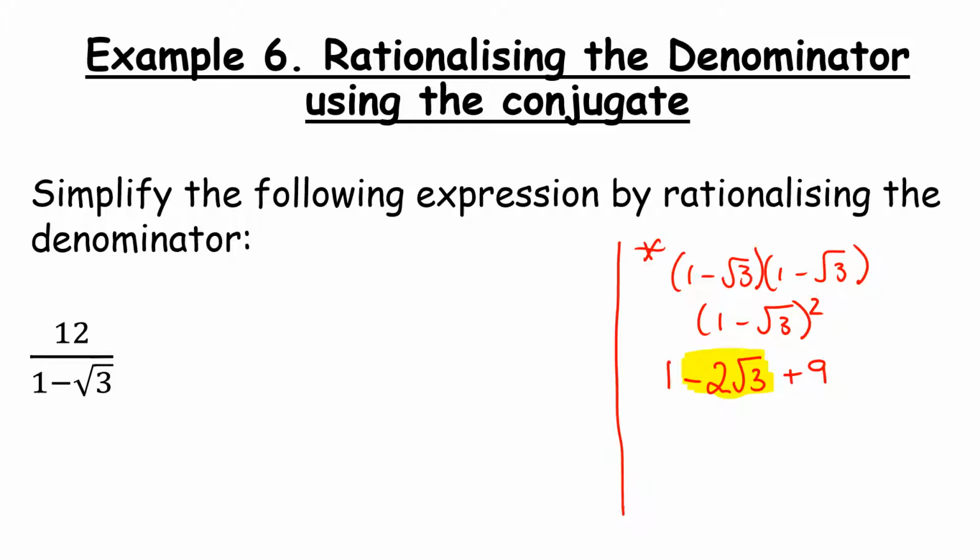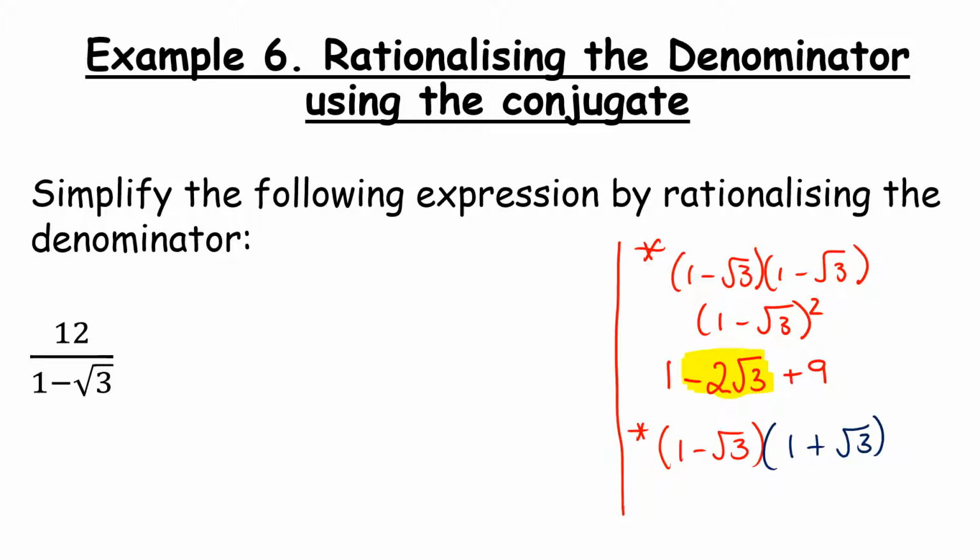However, if I instead took what we call the conjugate, okay, and the conjugate is when you multiply it by 1 plus root 3. So it's the same expression, but we simply change the sign of, in this case, the surd. So we just change that middle sign.